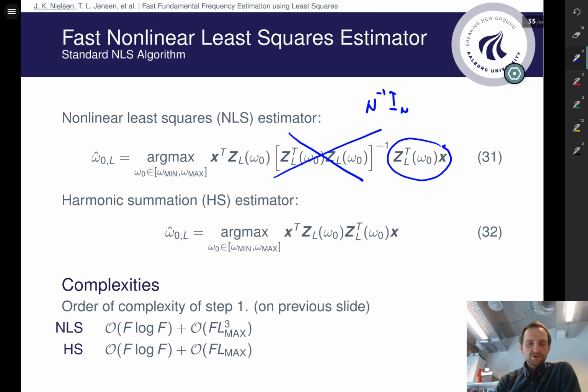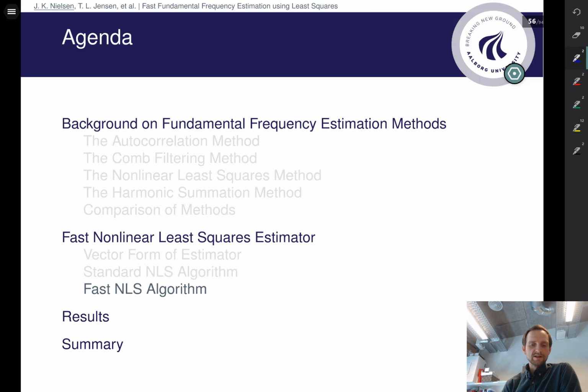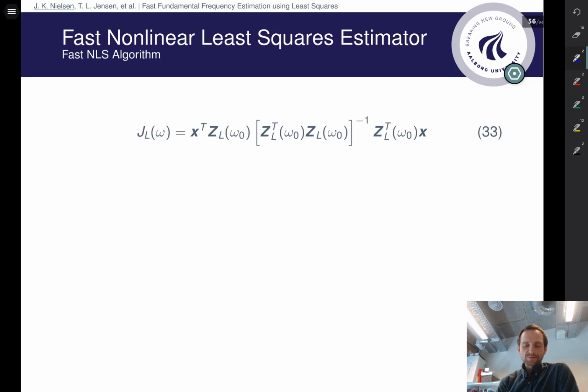And our contribution here, as I've said before, is that we get the order of complexity of the NLS method down to the same as the order of complexity for the harmonic summation method. That means that we get rid of this cubed part. So let's look into how we do that. This is what we call the fast NLS algorithm.